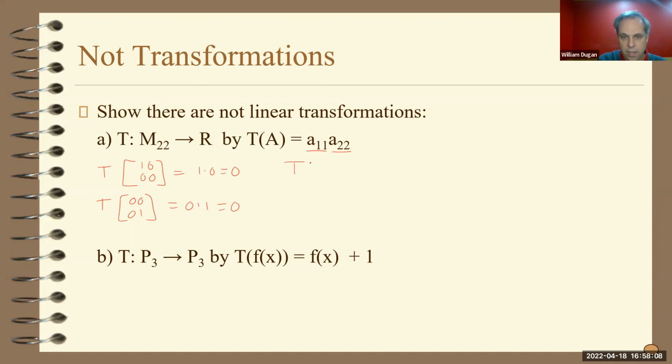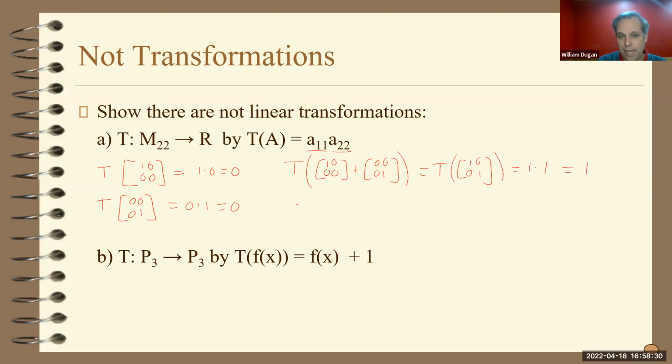But T of 1, 0, 0, 0 plus 0, 0, 0, 1, that would be then T of 1, 0, 0, 1, and that is 1 times 1, which is 1.